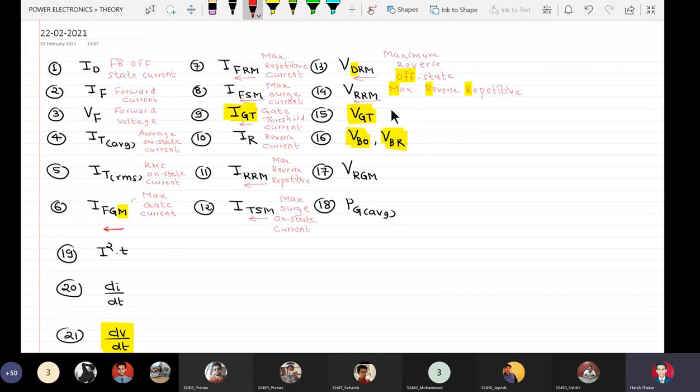VGT, as usual, V for voltage, T for threshold, and G for gate. So it is the gate threshold voltage. VBO, VBR, naturally VBO is breakover voltage, and BR stands for reverse breakdown voltage.